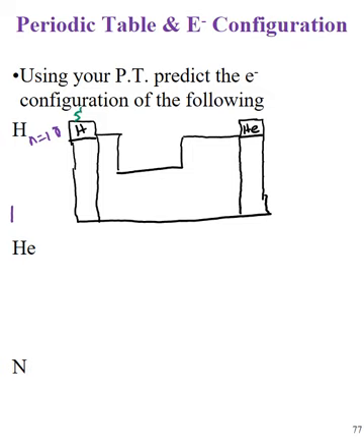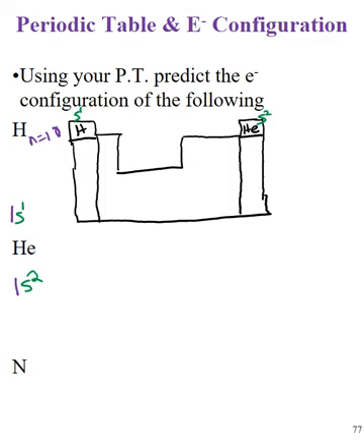This means that the last subshell that hydrogen will have is S1, so it will be 1s1. Now if I look at helium, helium is still in row 1, so we'll put a 1 out in front. Helium is that exception, and the last orbital that helium will have will be S2. So it would be 1s2.